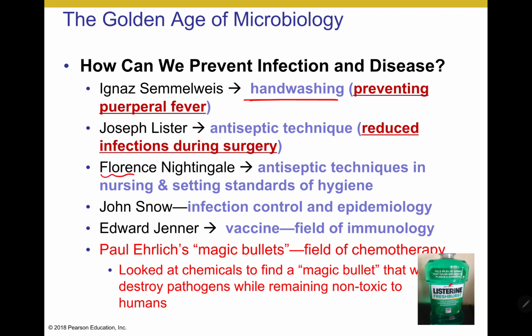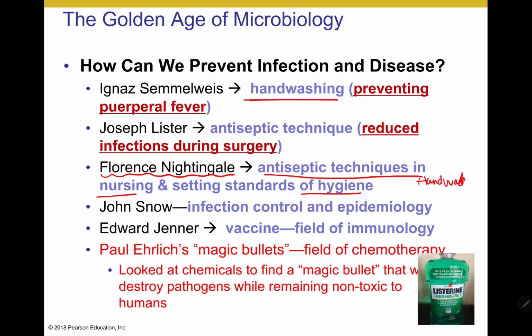It wasn't until Florence Nightingale came along, in like the 1850s or so. We call her the mother of nursing, basically. She developed the antiseptic techniques in nursing and the standards of hygiene, right? So antiseptic techniques in nursing, standards of hygiene, and also hand washing, remember?